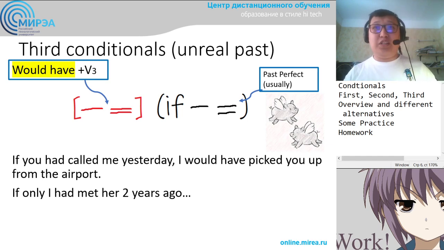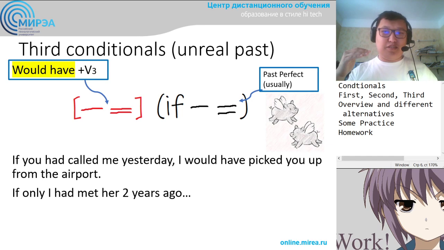And we move again deeper into the past. In the if part, we use past perfect instead of past simple. And we use would have and the third form of the verb, the past participle, in the main part.